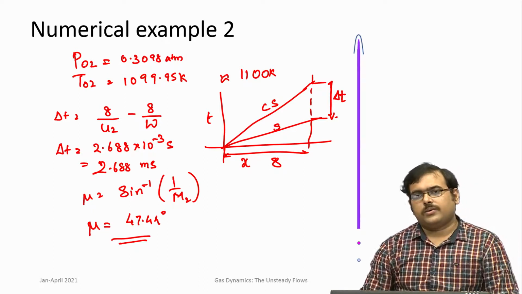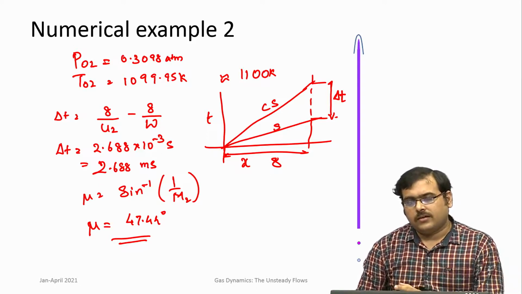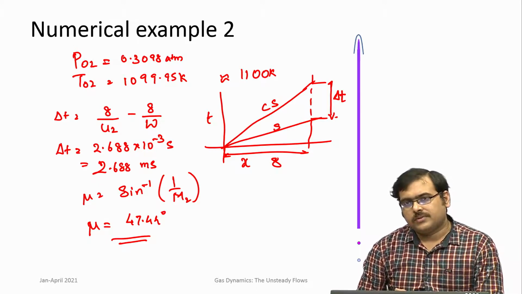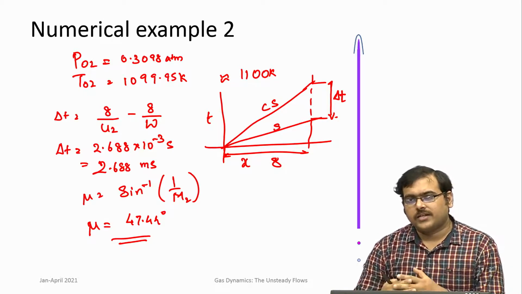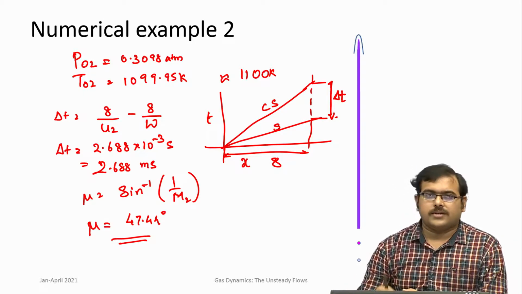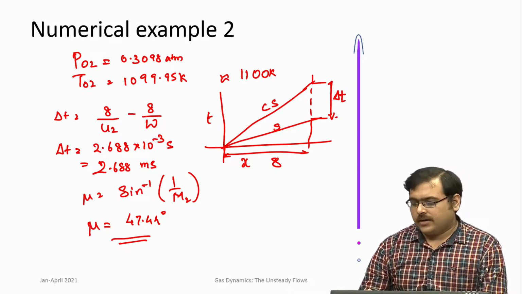So there are two problems we solved. The first one was the application of the unsteady principles that we had done towards a problem where there is a high speed flow in a pipe and suddenly a valve is closed. Then what happens, and how do we calculate quantities there.